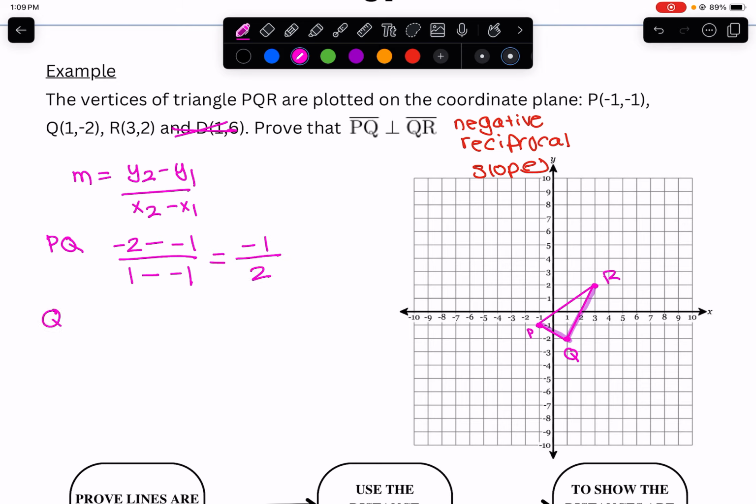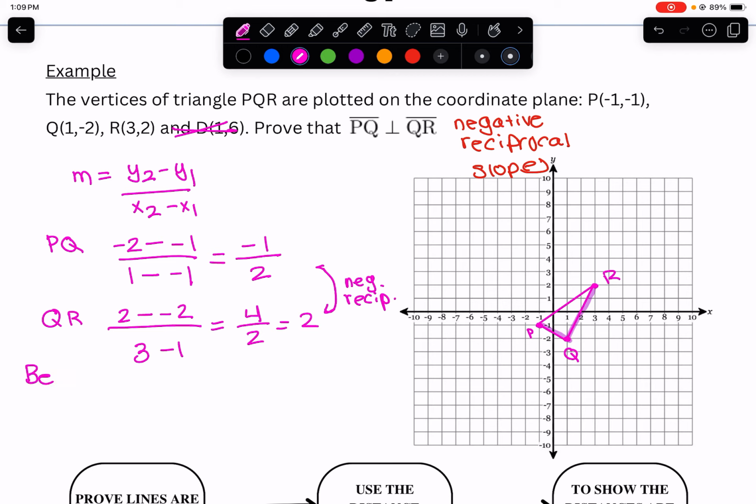And then we do the same thing for QR. 2 minus -2 over 3 minus 1, which gives me 4 over 2, which is 2. And so now we can see that these two are negative reciprocals.